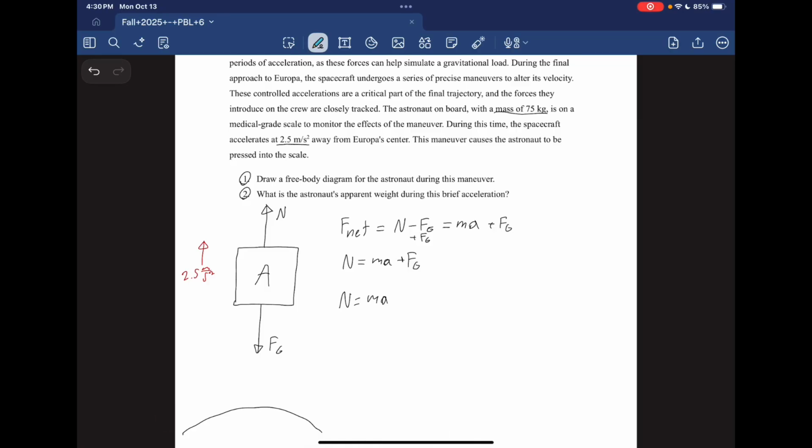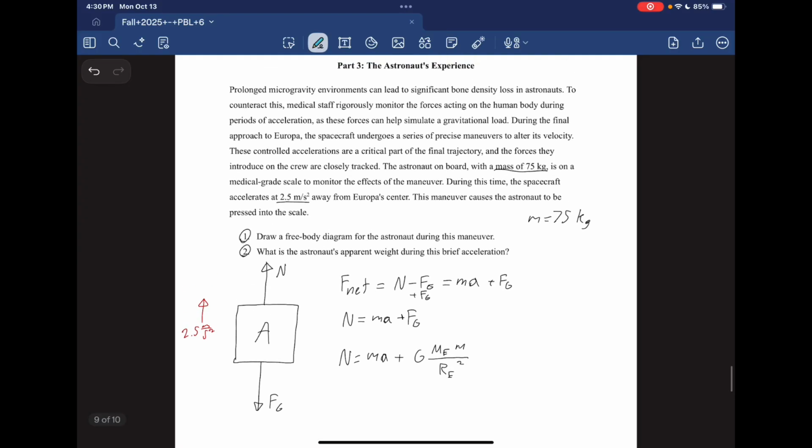So N is mass times acceleration plus G, and then this is gravitational force on the astronaut. So this is going to be the mass of Europa, that's our first object, times the mass of the astronaut, which we're just going to call M, divided by the radius of Europa squared.